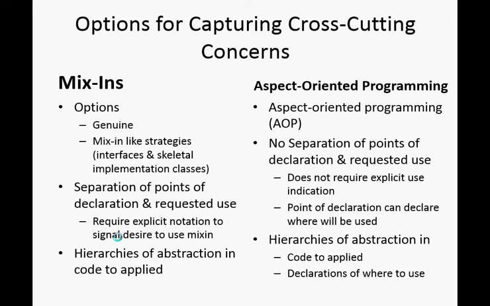In contrast to mixins, aspect-oriented programming has a number of benefits. Even in mixins, you need to be explicit about where we want to use this mixin. When you need it in the code, you need to state where that is. By contrast, in aspect-oriented programming, we can actually dictate, when we characterize the aspect, this cross-cutting functionality, where we want to mix it in the code.